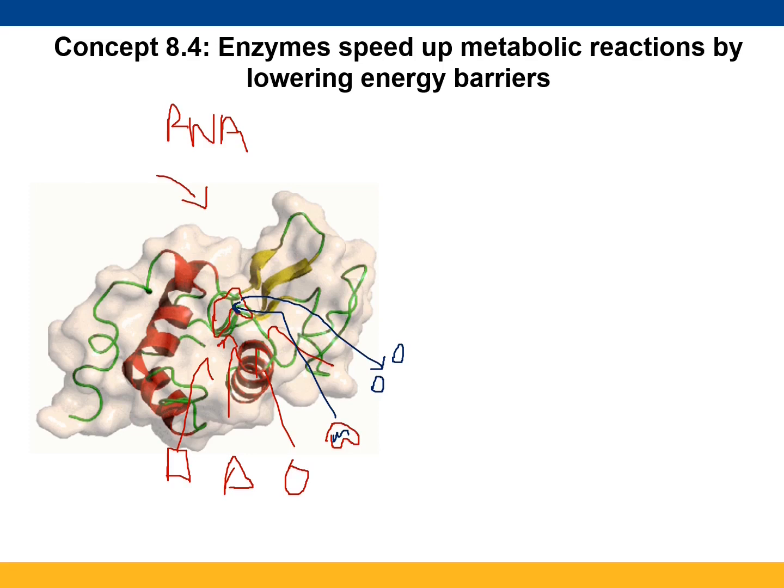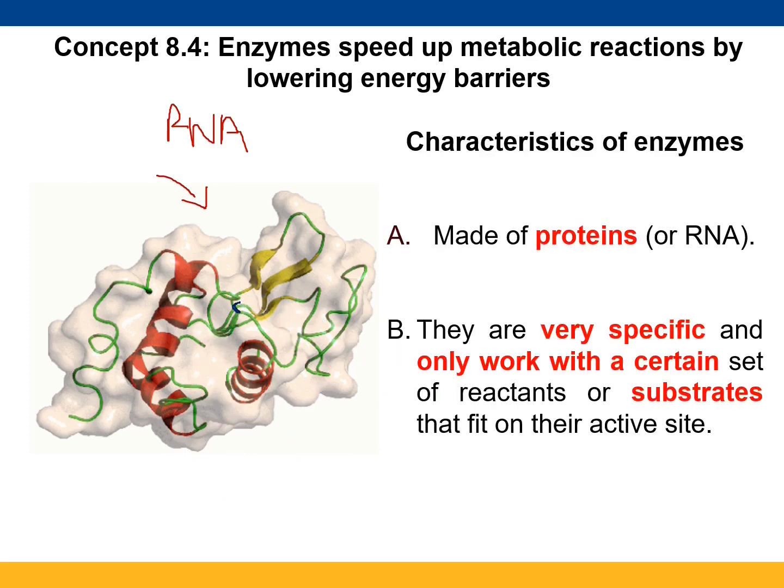Okay, so let's recap all the things that I just told you. First, I told you that enzymes are made of proteins, although recently it has been found that RNA molecules can also be involved in enzymatic properties, and these studies are very interesting because they talk about the origin of life. So possibly RNA in the beginning also had enzymatic properties, and it's something that is still under study, but is fascinating.